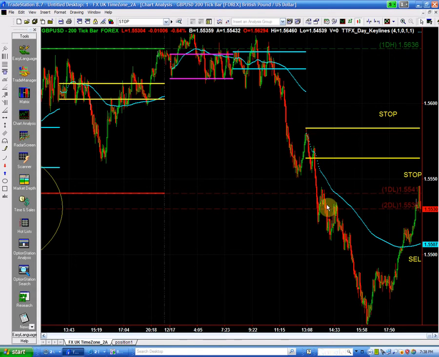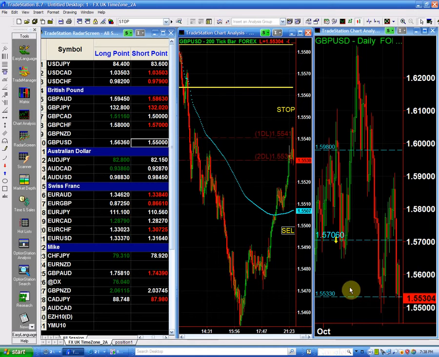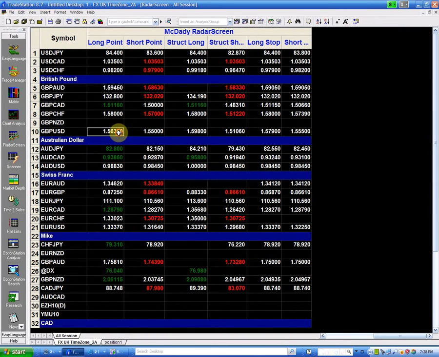Otherwise, the other ones, you can take your short below the market side, below the 155. So you have two entries for the short, one below the structure, which is the 155.33, which is right now, or the other one below the 155.